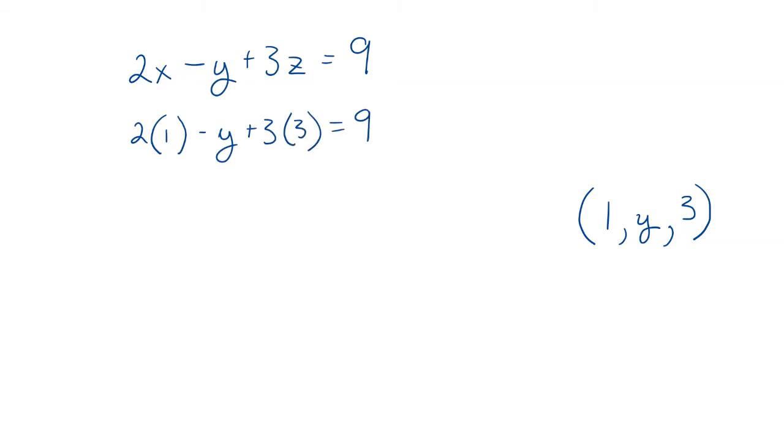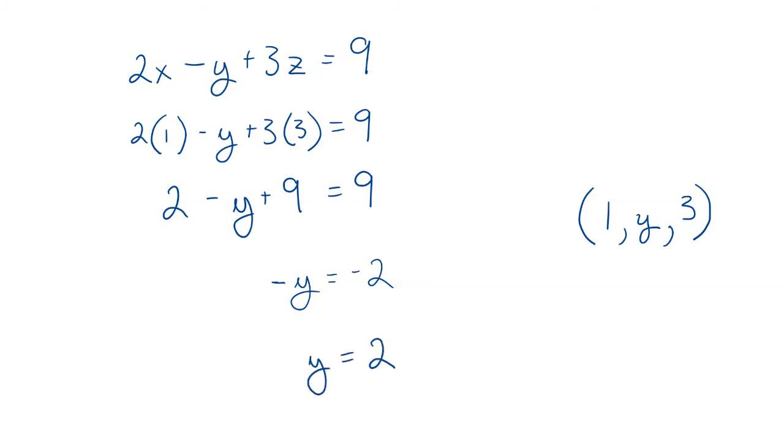That gives me 2 minus y plus 9 equals 9. So when I subtract 11 from both sides, I get negative y is equal to negative 2, which we know we can't have. So we multiply both sides by negative 1, we get y is equal to 2, and that allows me to update my solution set to (1, 2, 3) for the values of x, y, and z.